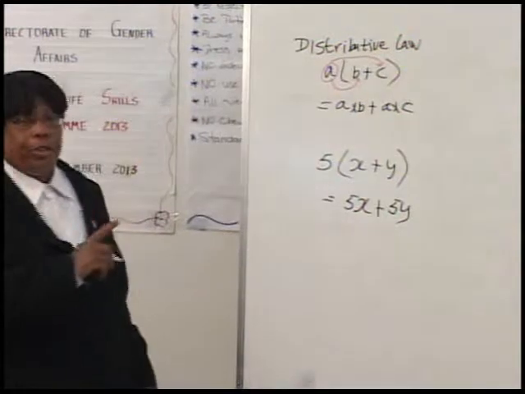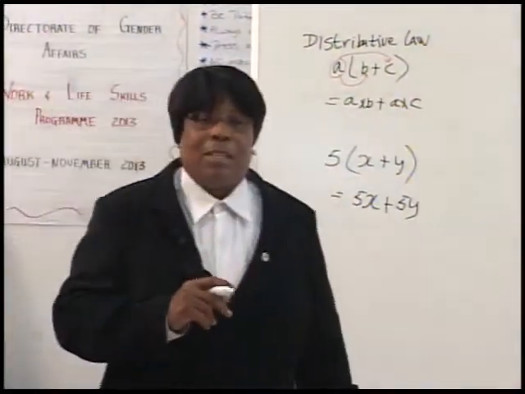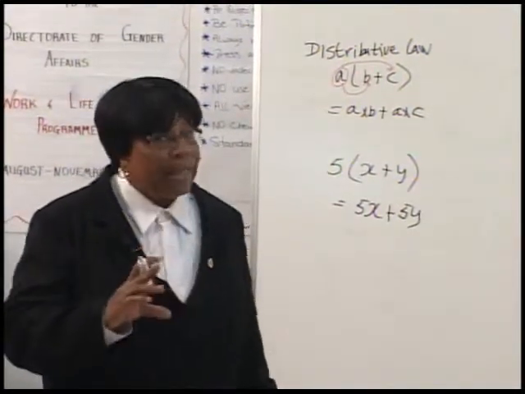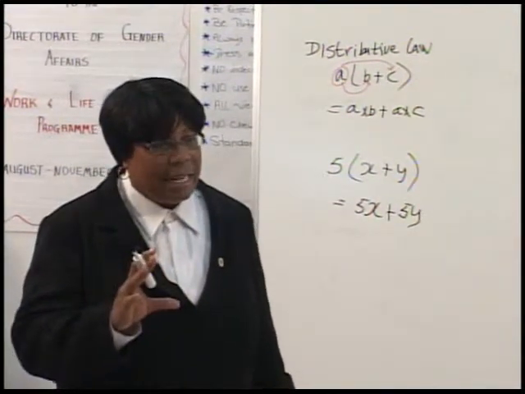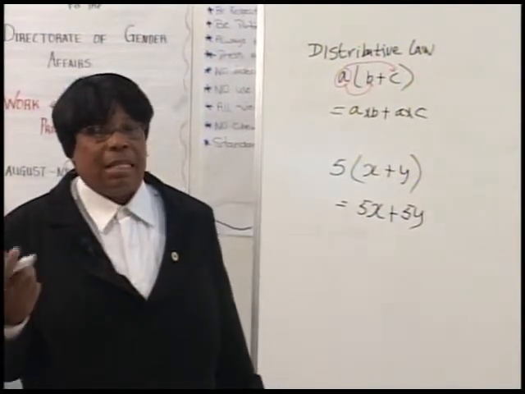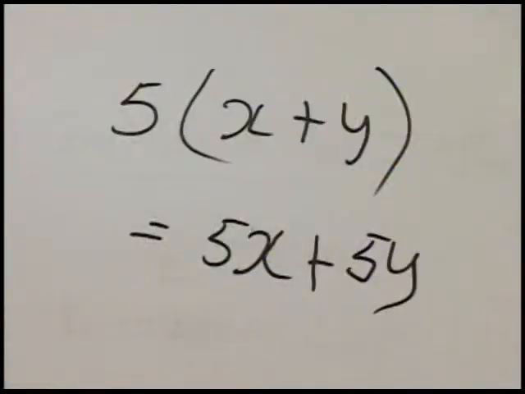This is the operation, and I want you to keep an eye on that because it comes back again to haunt us when we get into our topics where we're talking about factorization, and you're asked to take it out, and you're saying you don't know how to do this. I just want to show you the root from where these things are coming. So it is hooked up with our distributive law. It is hooked up with our expansion.